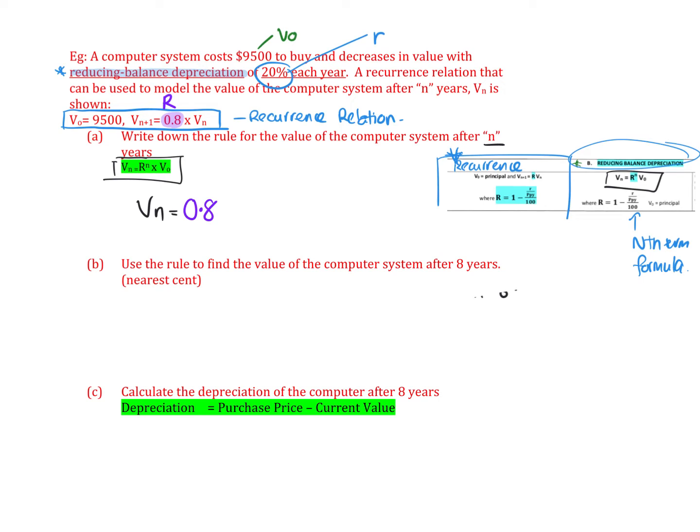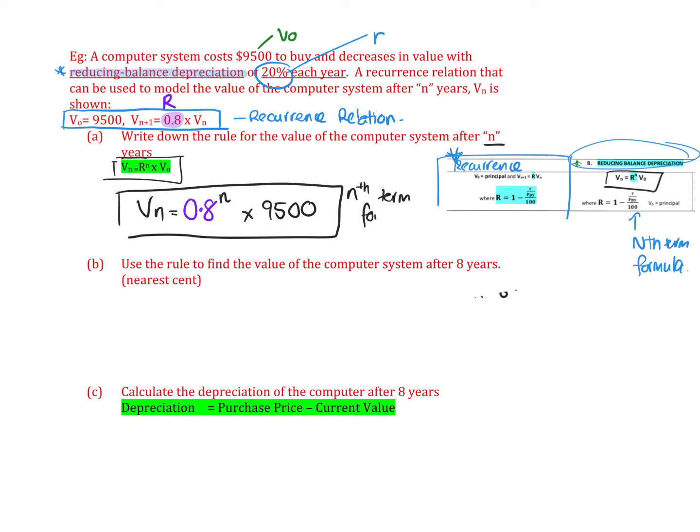Now it's to the power of n, and that's good, and then times V0. I'm not going to write V0, I'm going to write exactly what V0 is, which is 9,500. So now I've created the nth term formula, so I can get the value at any year from now on.